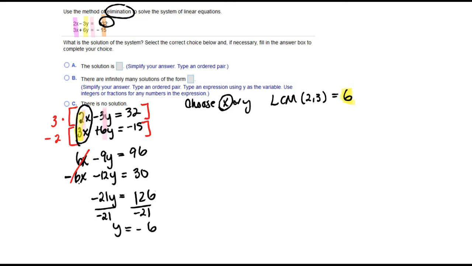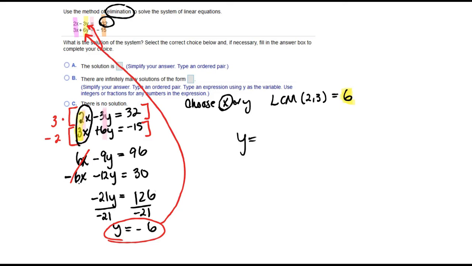Okay, so we have the y coordinate. Now we're going to get the x coordinate. So what we do is we take that y equals negative 6, and you can substitute it in for this y, or you can substitute it in for this y. Either one will work.